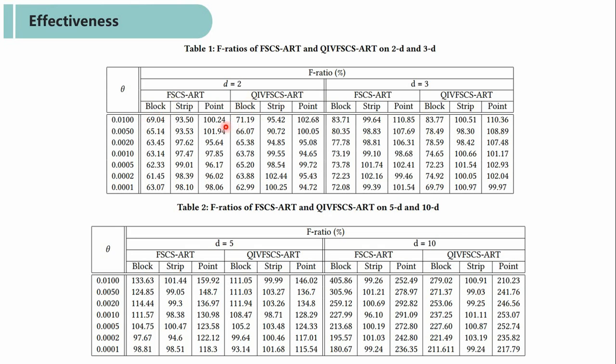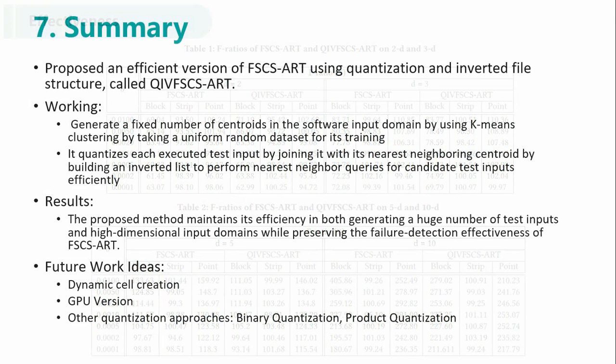The results in block, strip and point failure patterns are almost similar. Here our method is a little worse, but here it is better than FSCS-ART. Overall, both methods have comparable failure detection effectiveness.